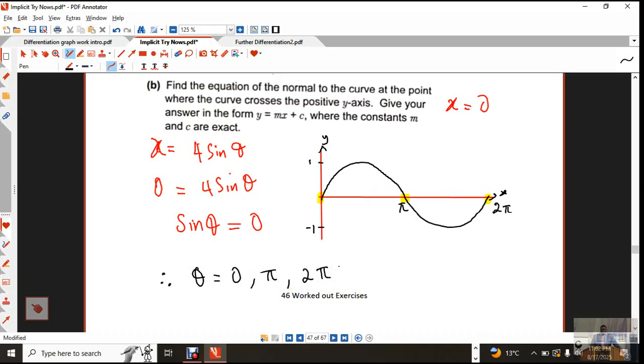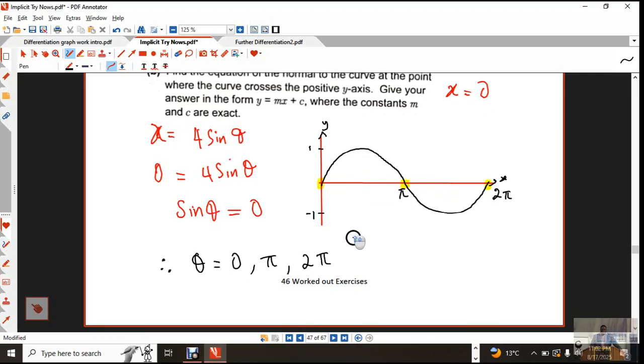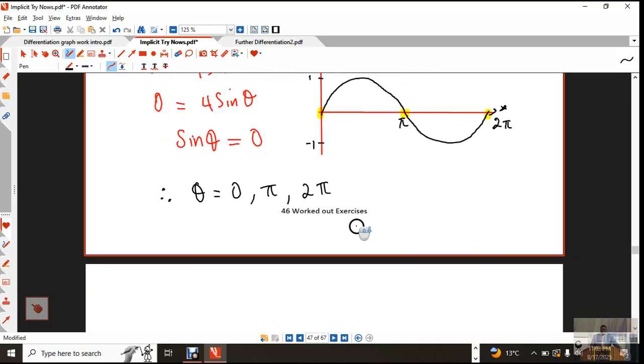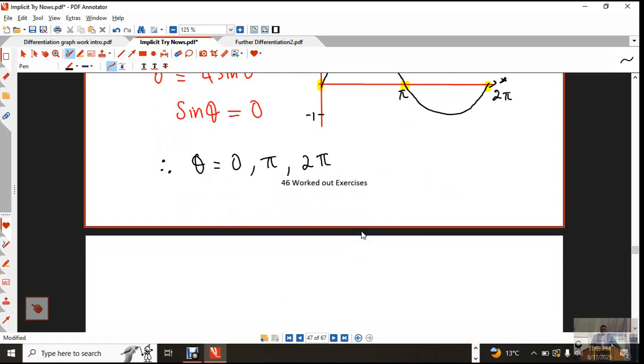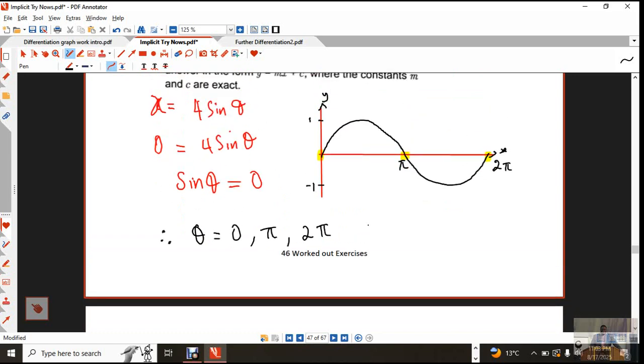Okay, so we are looking for the y values now. So remember, to find the y values, first of all, when theta is equal to 0, here's one of the things that you should remember, that you're going to get an identical answer if you were to use any one of them. So I'm going to just rewrite what our equation was in terms of y.